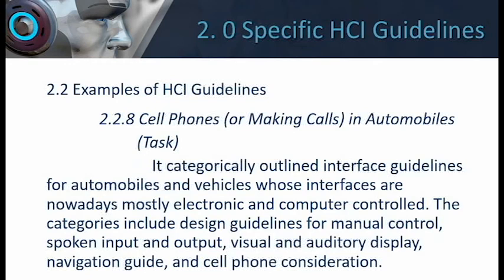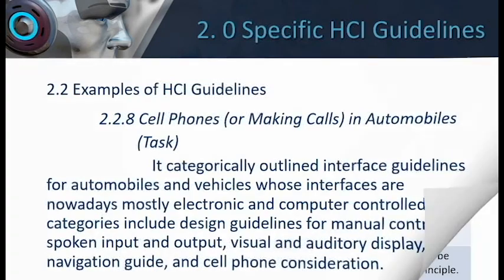Sorry, it categorically outlined interface guidelines for automobiles and vehicles whose interfaces are nowadays mostly electronic and computer controlled. The categories include design guidelines for manual control, spoken input and output, visual and auditory display, navigation guide, and cell phone consideration.